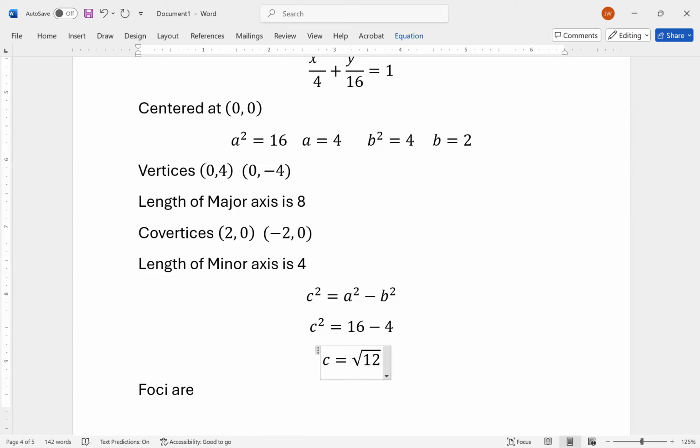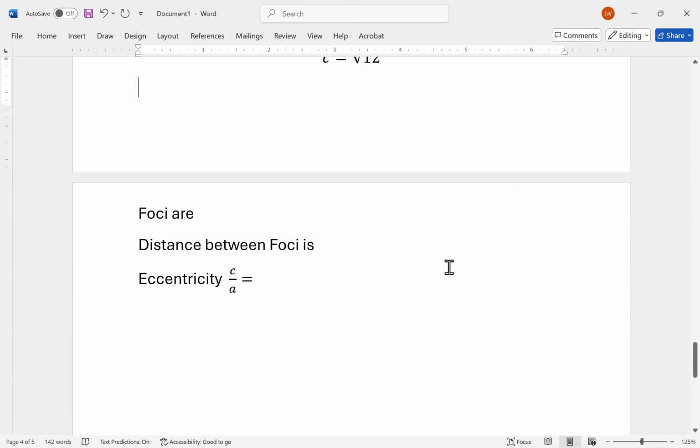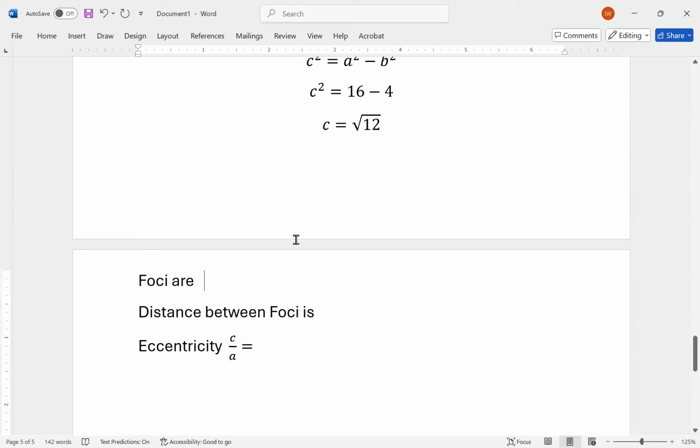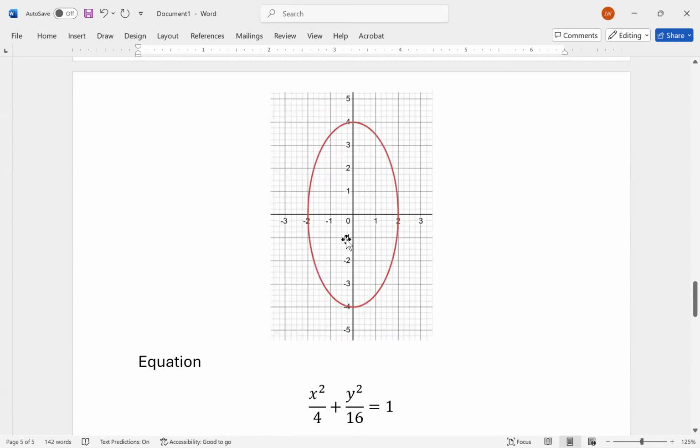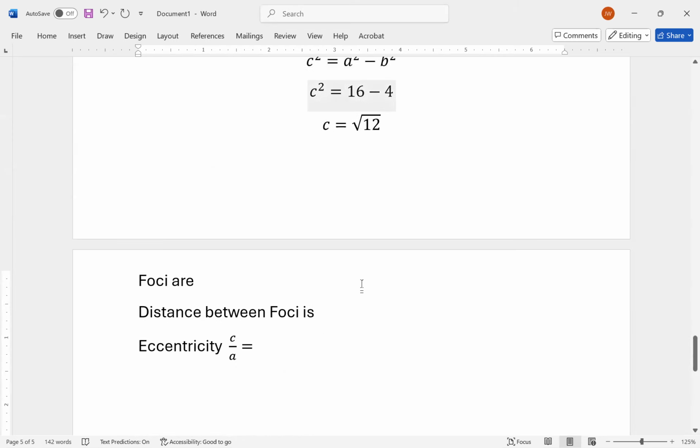Now, if you want to simplify that into 2 root 3 and rewrite root 12 as 2 root 3, you can. I think I'll just leave it as square root of 12 for right now. By the way, since the major axis is vertical, we have to move up and down the square root of 12 units to get to the foci.